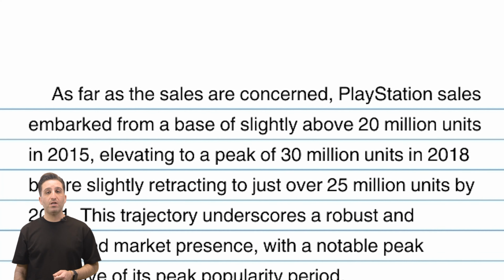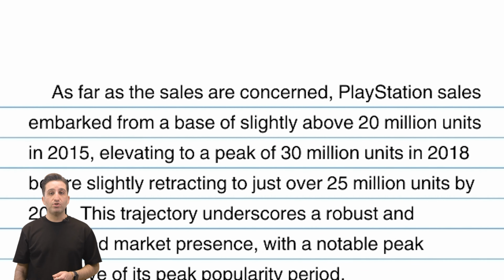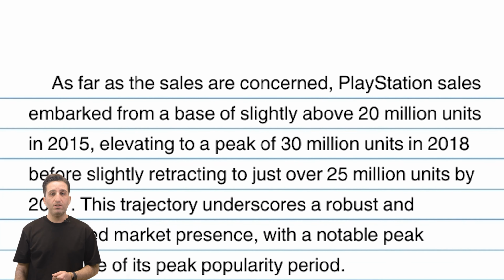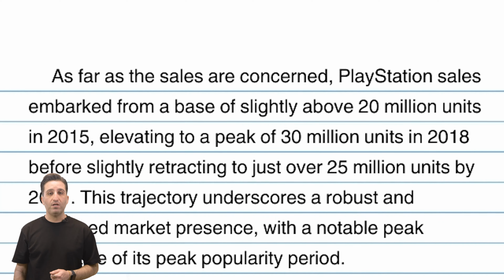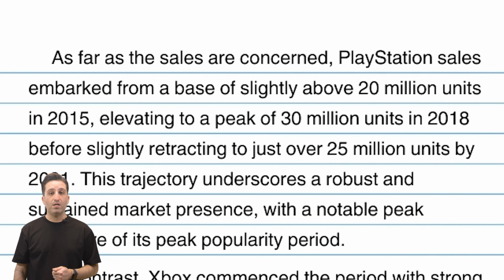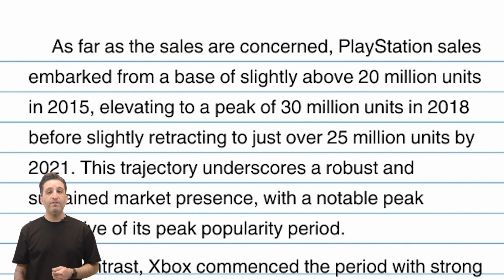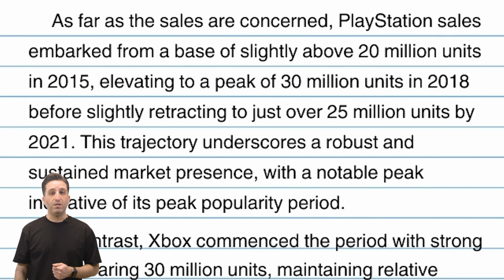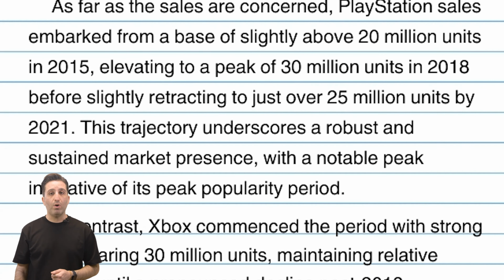As far as the sales are concerned, PlayStation sales embarked from a base of slightly above 20 million units in 2015, elevating to a peak of 30 million units in 2018 before slightly retracing to just over 25 million units by 2021.